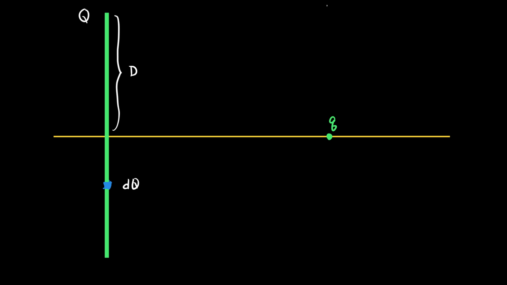Integrating across a shape is easy because we can define the parameters of the shape. For example, this shape is linear, right? It's a one-dimensional object. And I know its size, it's 2D, and I know that it extends 1D above the x-axis and 1D below the x-axis. I know a lot about its shape. So it's easy for me to figure out the limits of where my sum is going to be.